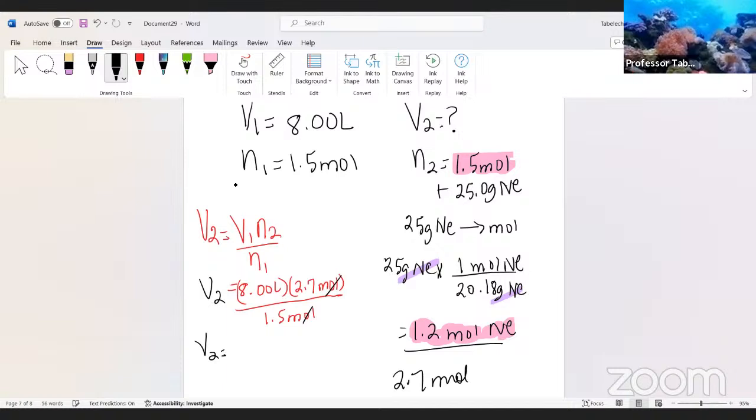So V2 equals, let's plug this into our calculator. We've got 8.00 times 2.7 divided by 1.5, and we get 14.4 liters, okay? So it was almost double what we initially started off with. 14.4 liters, and that is your answer right there.